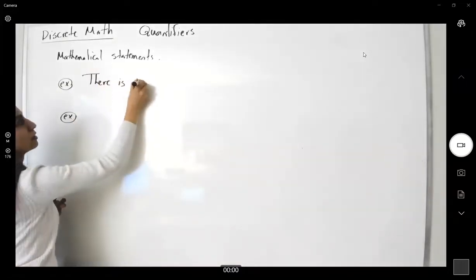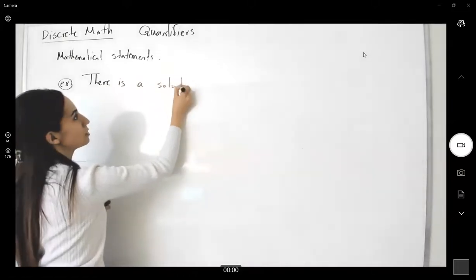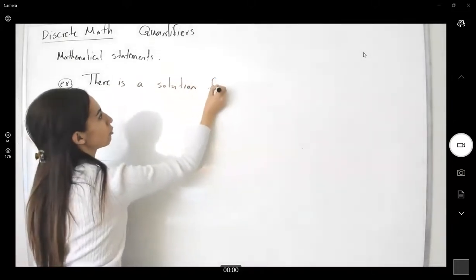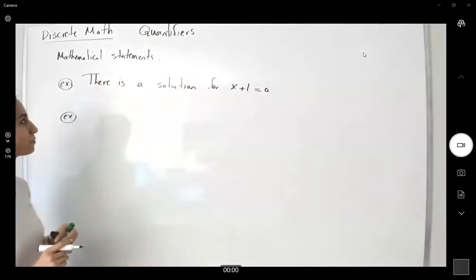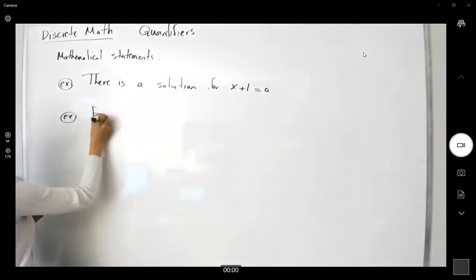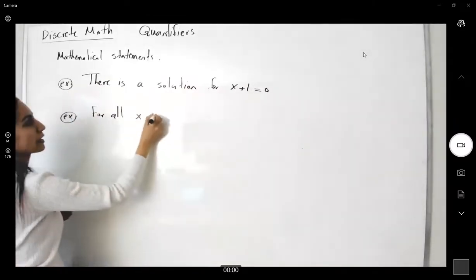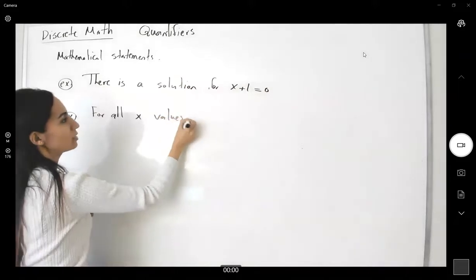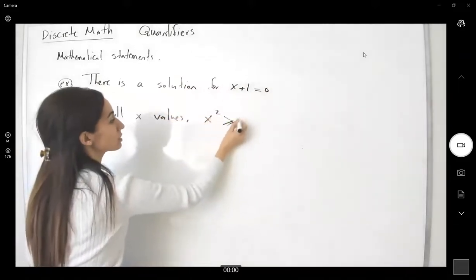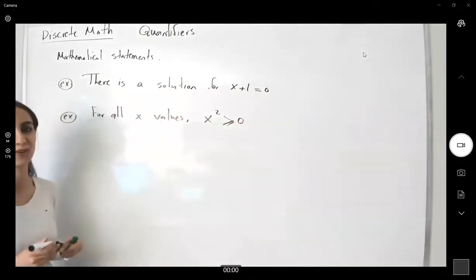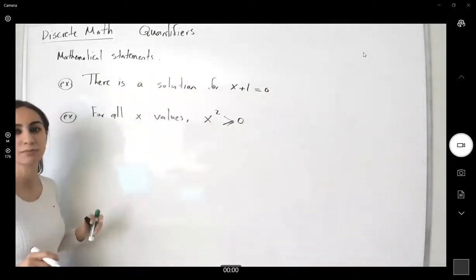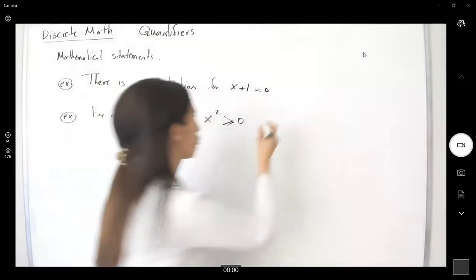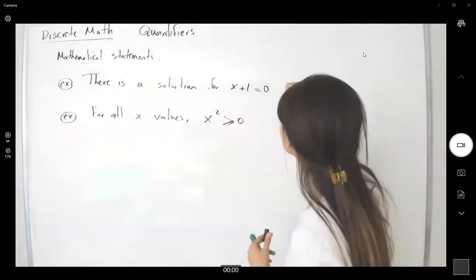There is a solution for x plus 1 equal to 0. For all x values, x squared is greater than or equal to 0. We can translate these two statements into logical form this way.